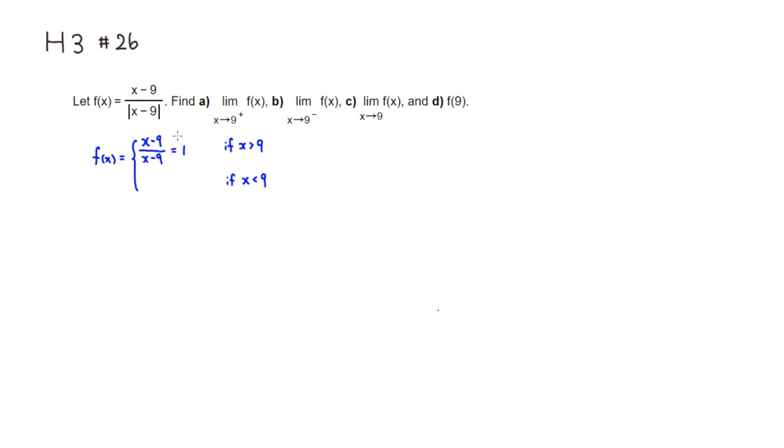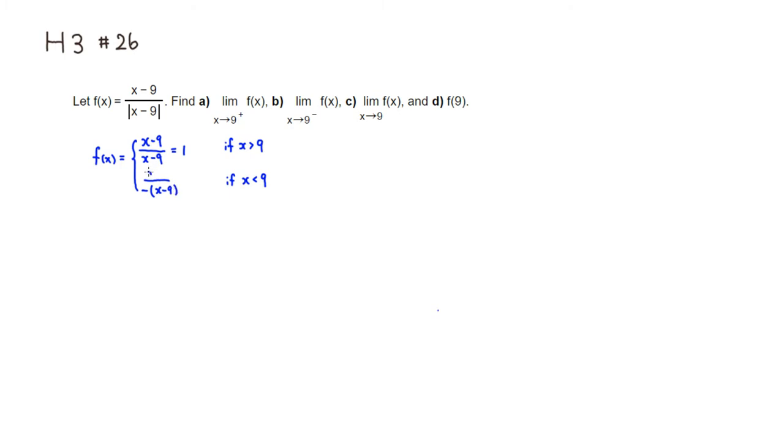When x is less than 9, x minus 9 is negative. What the absolute value sign does is negate it so that it becomes positive. So the absolute value sign is the same thing as putting a negative sign in front of x minus 9.